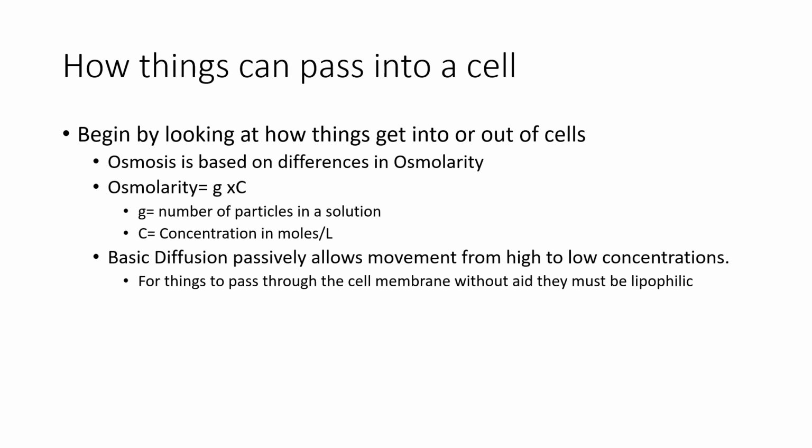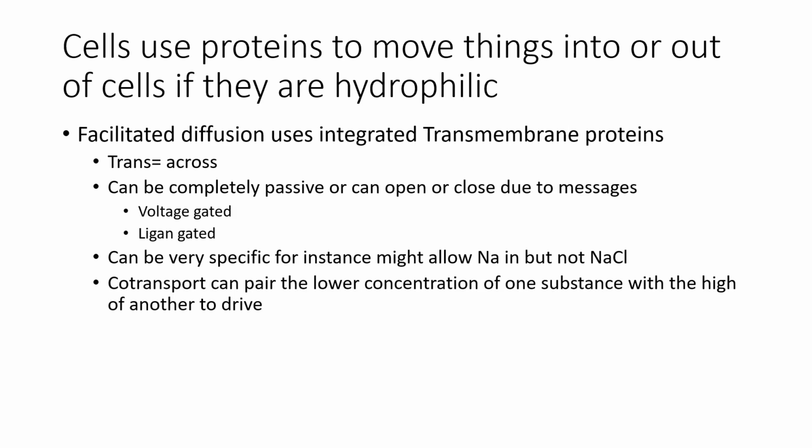Basic diffusion is the other thing that allows things to pass in and out. Now, as the cell membrane is lipophilic, what can cross through just the cell membrane has to be lipophilic, unless it can go through certain transmembrane pores, which you have a lot of. Now, in cells, you can use proteins to move things in and out.